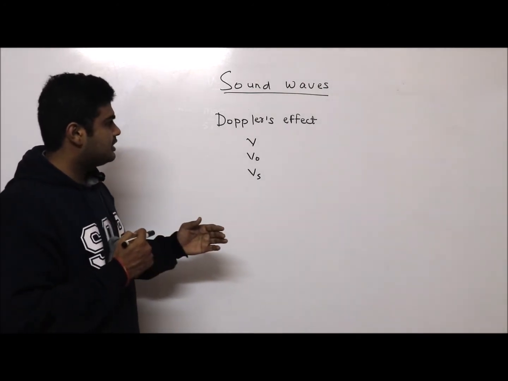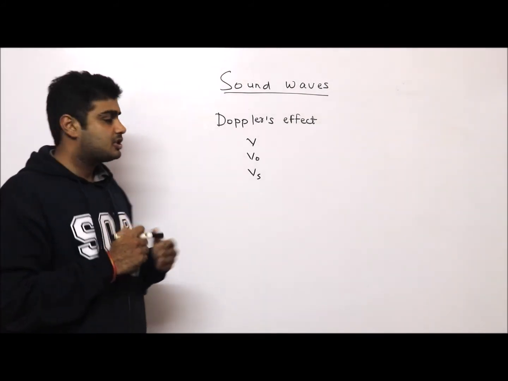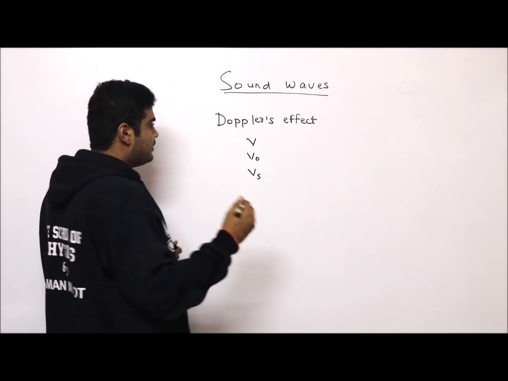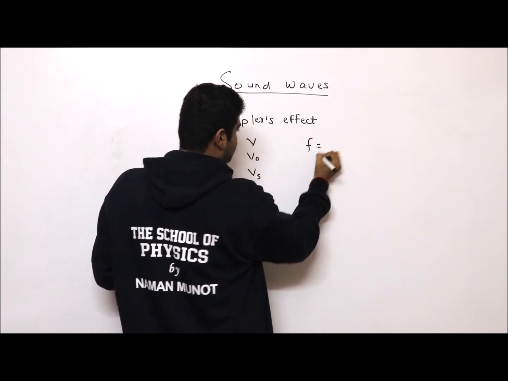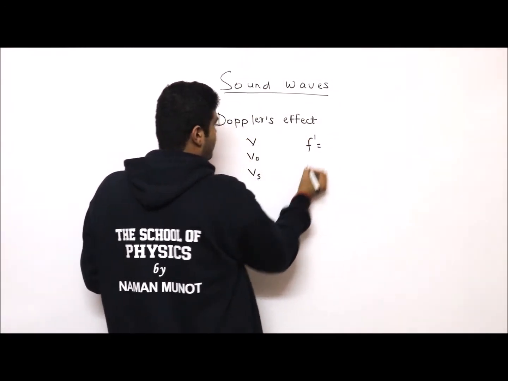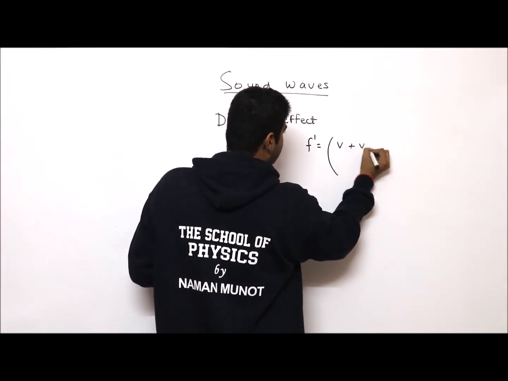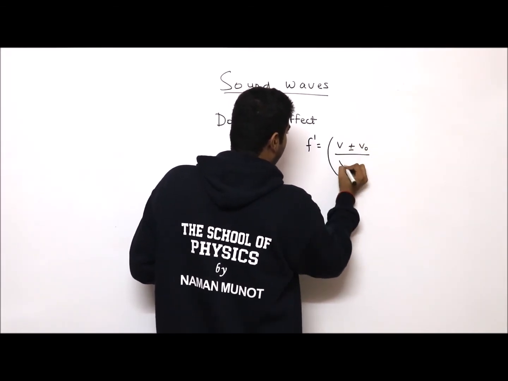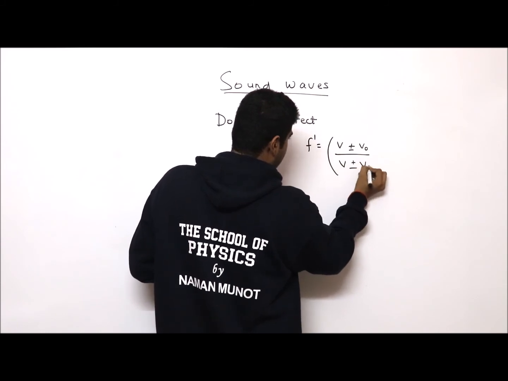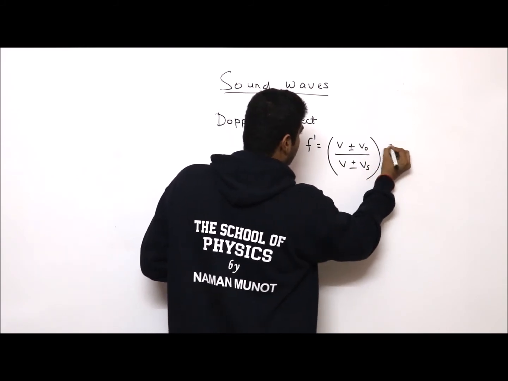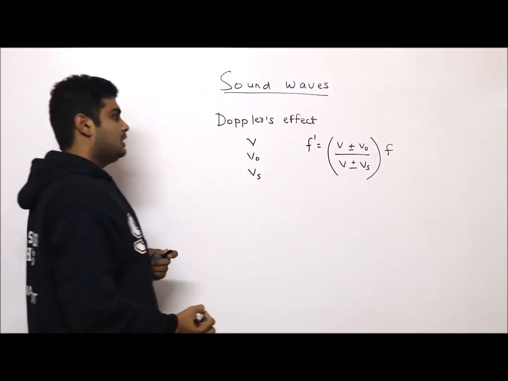there will be a change in frequency. That frequency is what we write as Doppler's effect: f dash is equal to (v plus minus v observer) upon (v plus minus v source) into the frequency that was normally there.